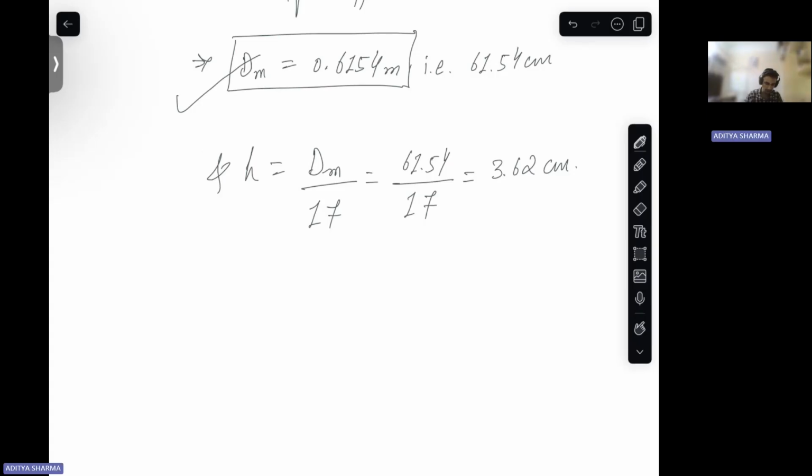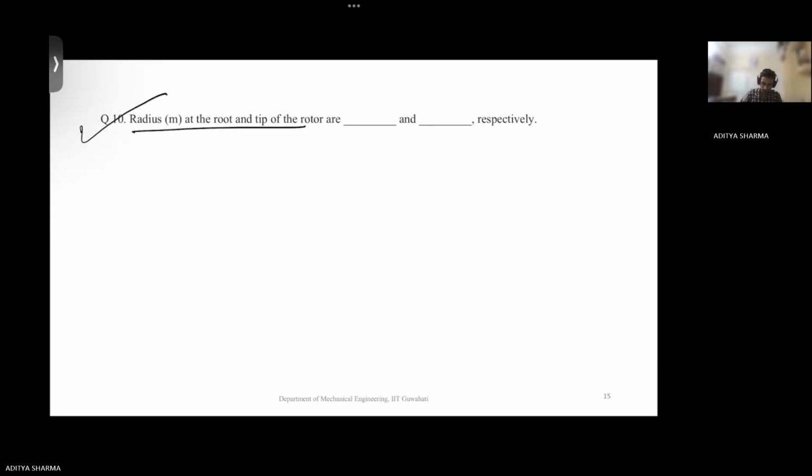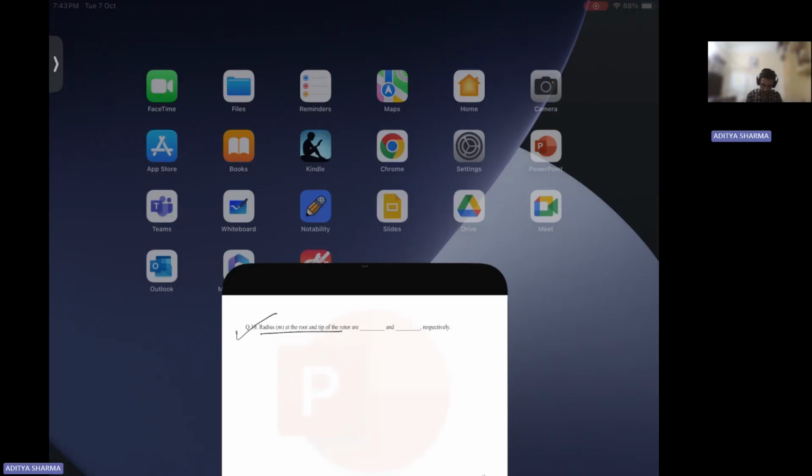But in question, we have been asked this. So this is your mean blade diameter. Then radius at the root and tip of the rotor are. At the tip and at the root, what the radiuses are.